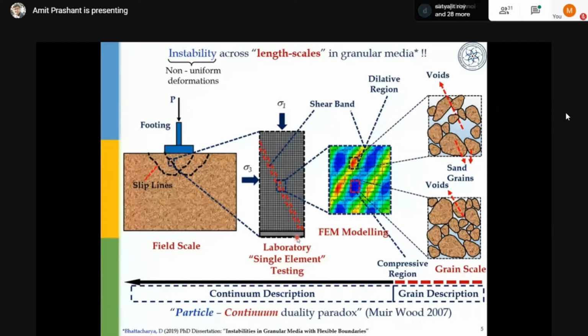If I look at the failures when it happens and look closely into that, then I'm going into the scale of, you can say, a couple of millimeters. And if I go further down, I'll be reaching the scale of particles. Now the dynamics, or the way things happen, will be understood in a different way when we look at the single element versus when we look at a couple of millimeters.